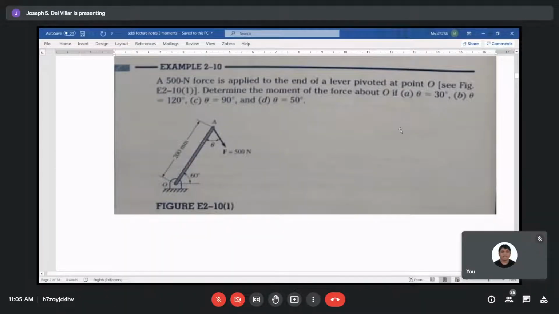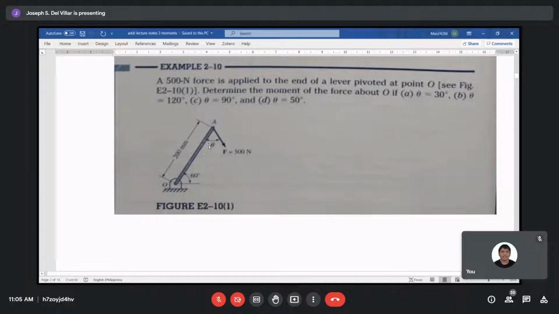Okay, so let's have this one. A 500 Newton force is applied to the end of the lever, pivoted at point O. Find the moment of the force about point O if, letter A, the angle between the line of action of the force and the lever, which is represented by theta, is 30 degrees.